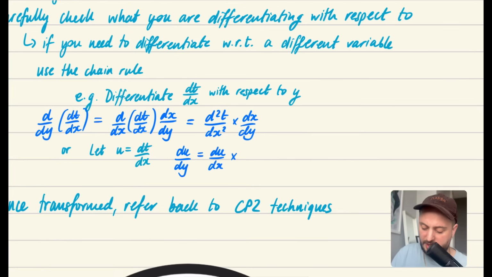So I get du/dx multiplied by dx/dy that we've got here. I now just need to find what du/dx is. So du/dx is just this thing being differentiated with respect to x. So we get the same thing: the second derivative of t with respect to x multiplied by dx/dy.